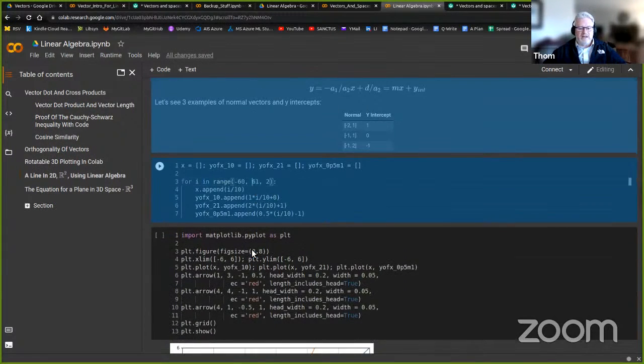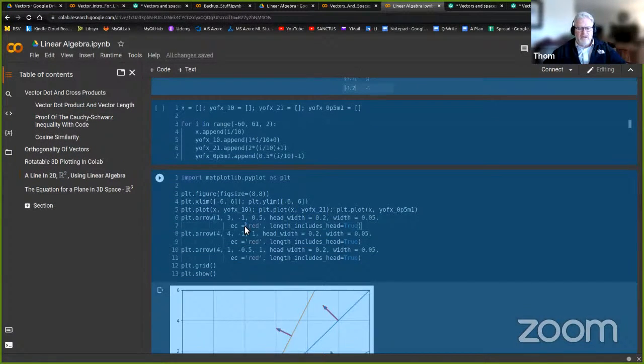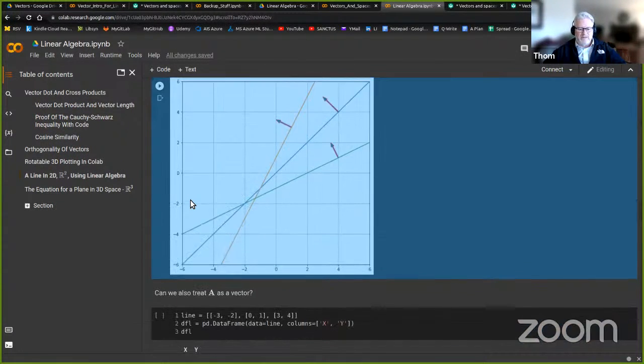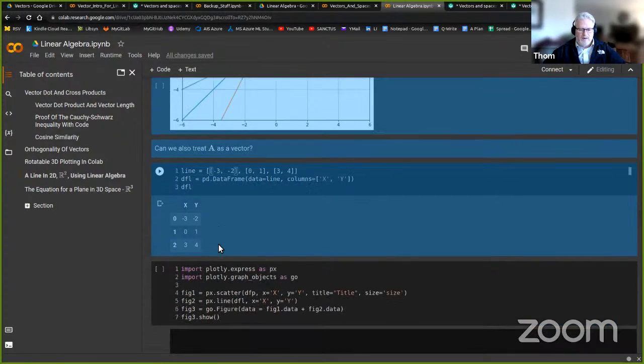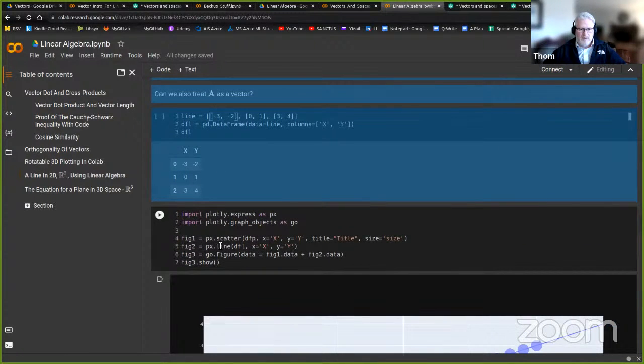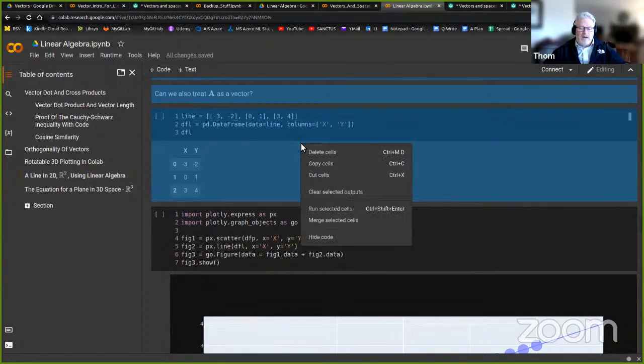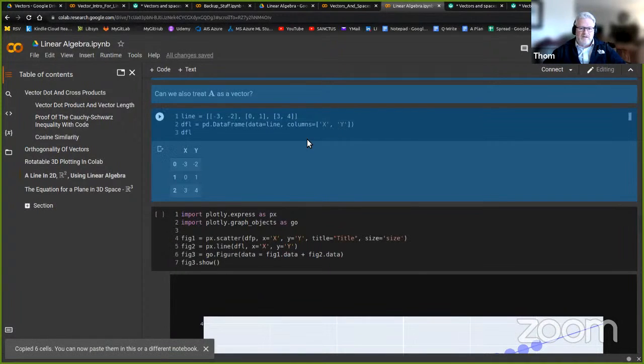But every time I click, I'm holding the Control key, which also gets the outputs. And then I right click, copy cells.